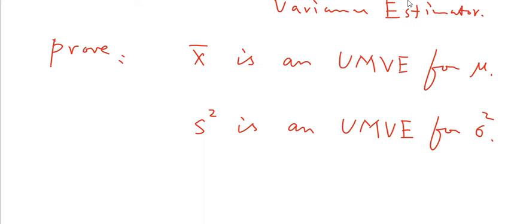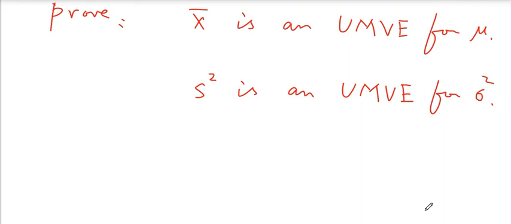At first, let's prove X bar is the UMVUE for mu. Maybe this one is a little bit easy, but for S square, the sample variance being the best estimate of population variance, this is not so easy. But anyway, let's prove X bar is best.